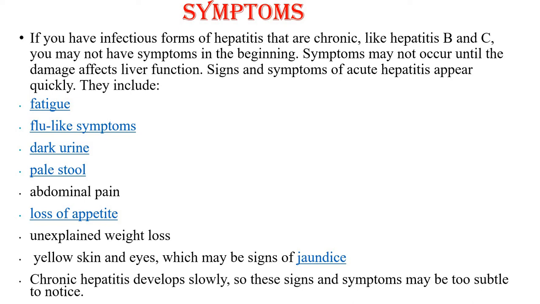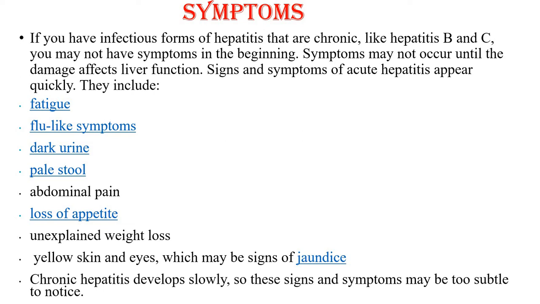Now we'll consider the next point, that is symptoms. If you have chronic infectious forms of hepatitis, like hepatitis B or C, you may not have symptoms in the beginning. Symptoms may not occur until damage affects liver function.